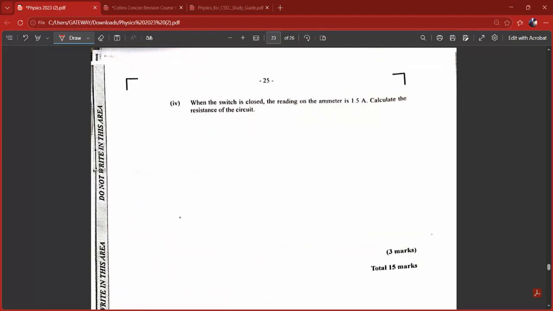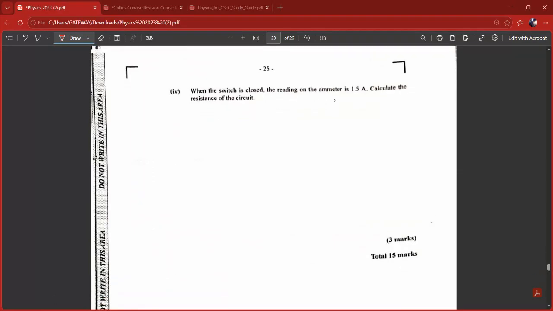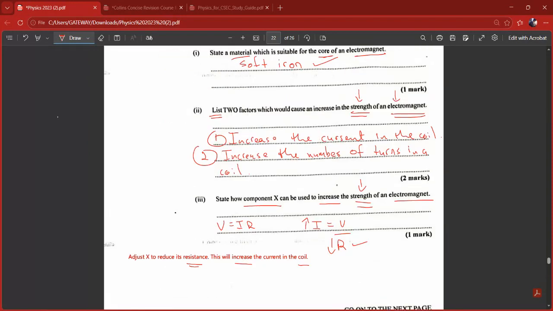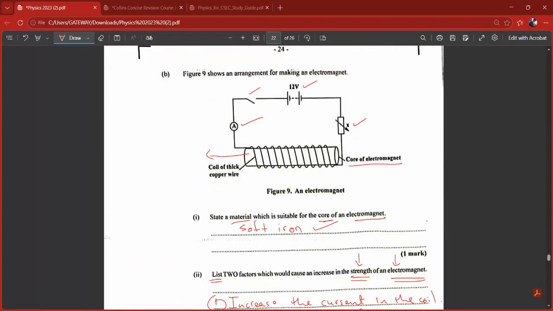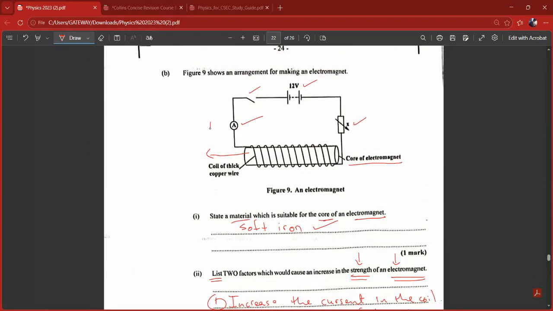Right. So the last part here now, they say when the switch is closed, the reading on the ammeter is 1.5 ampere. Calculate the resistance, which is R, of the circuit. So looking back at the circuit here, we see the current is 1.5, right? So the reading here is 1.5 ampere. We have the voltage here, we have the current here. We want to find the resistance. So we use the formula V is equal to IR.